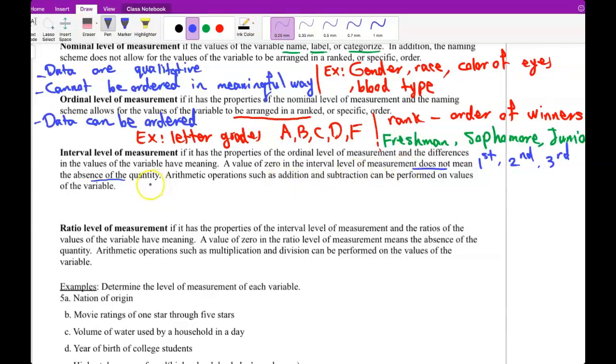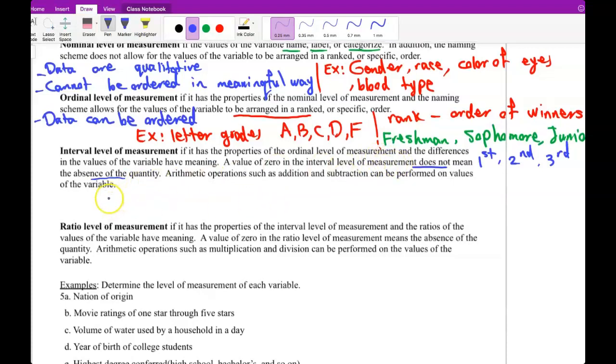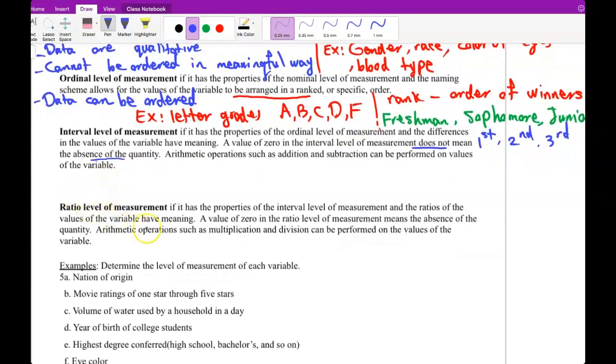Let's say, what if the temperature was equal to 0 degrees? That doesn't mean that you don't have temperature. Actually, you have temperature, but the temperature is equal to 0. Depending on whether it is Celsius or Fahrenheit, you can convert. But the point is that if the answer was equal to 0, you actually have a number in there. But for ratio level of measurement, the value of 0 means the absence. So we shouldn't have 0 in there.